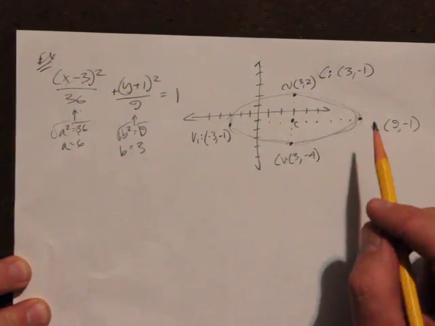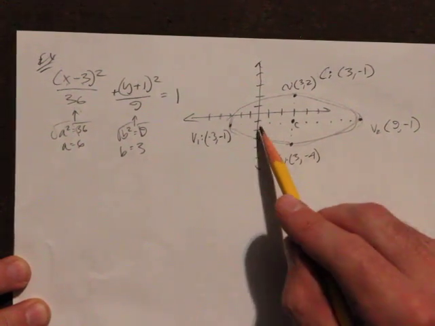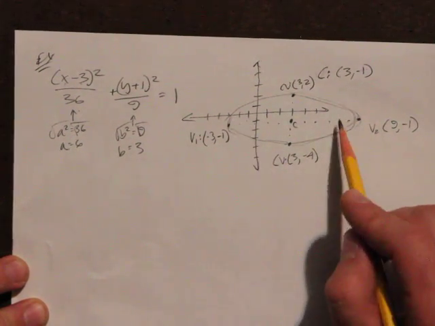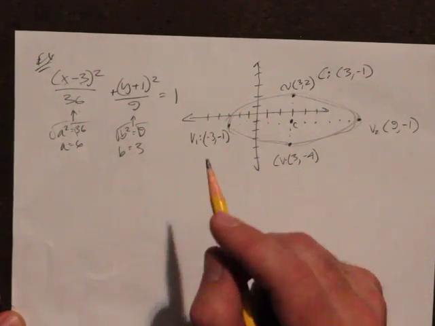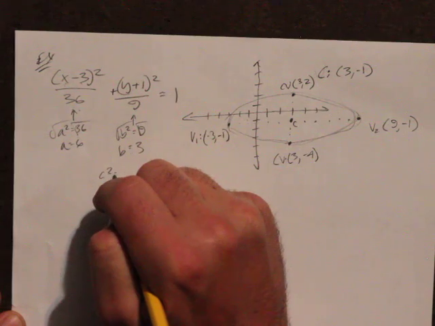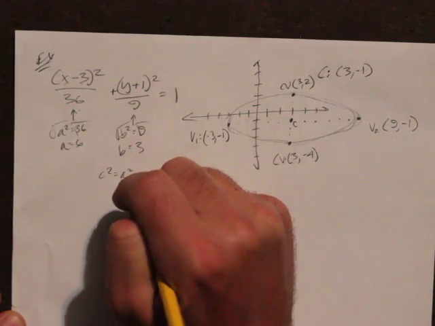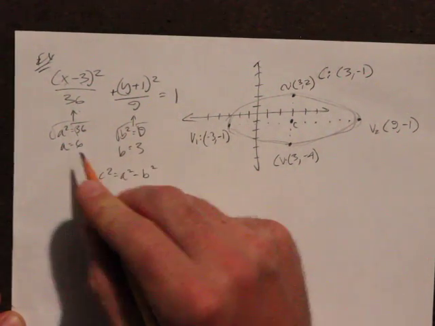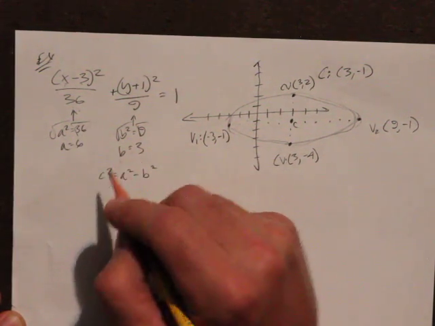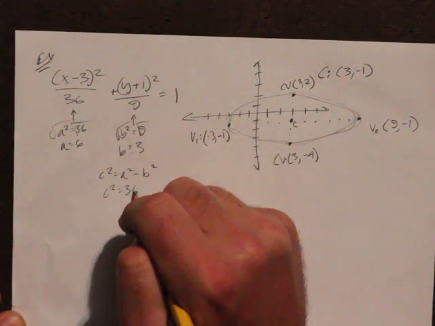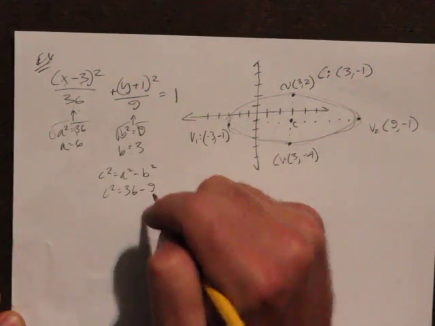Looks pretty good. Okay, and there's one thing I'm missing, and that's my foci. So I need to find my c value. Remember, c squared equals a squared minus b squared, and a is the bigger number, right? So I've got a squared, 6 squared is 36, minus b squared, which is 9.